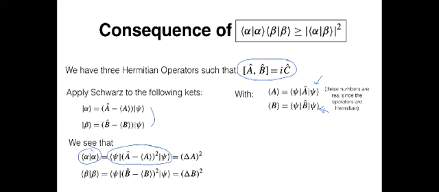But we also remember that this term that I just circled is nothing else than the uncertainty squared. So this is also what we call a standard deviation. It's the expectation value of the square of the difference between the realization of a measurement and its expectation value. So this is the uncertainty. Okay, so we are making good progress.